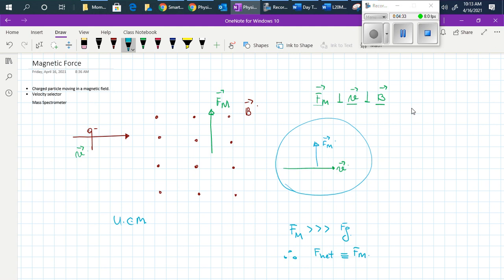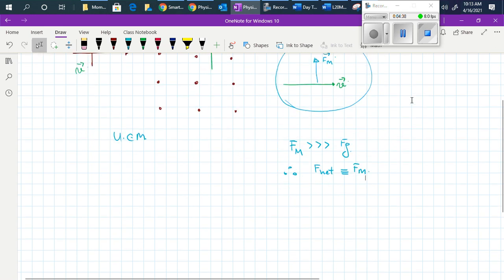On the other hand, what we said in physics 20 is that centripetal force is not a force on its own, but it steals the identity of the net force when the net force is perpendicular to the velocity.